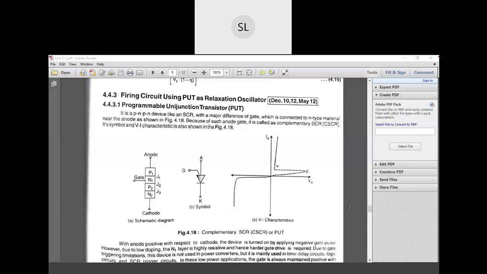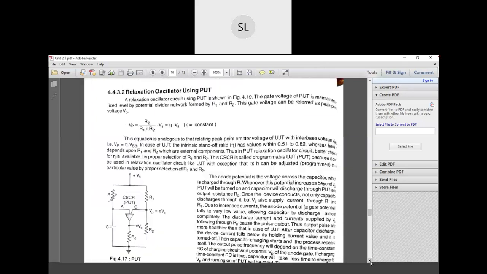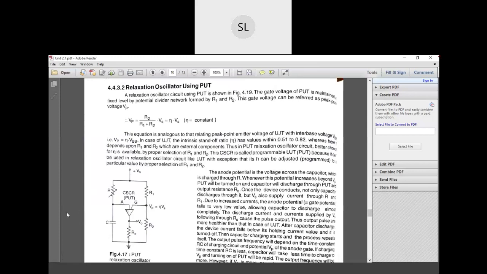Here this PUT can be used as a relaxation oscillator. This is the basic circuitry that we have for this PUT. Now in case of the UJT, what we have studied is the peak point voltage, that is, the voltage required to turn on the UJT.